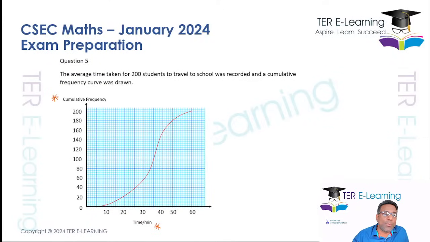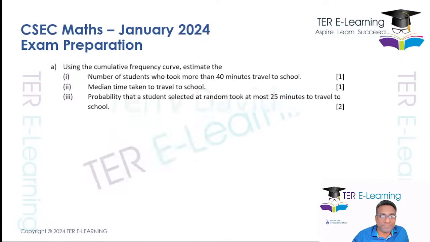Now let's see what questions I have here. Using the cumulative frequency curve, estimate the number of students who took more than 40 minutes to travel to school. Let me see if anybody could figure this out.